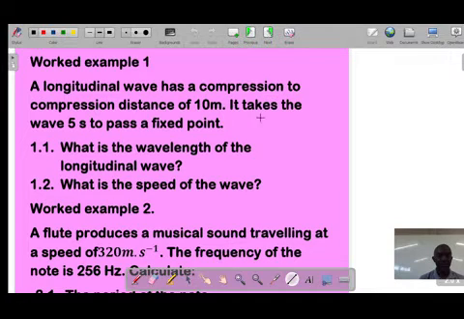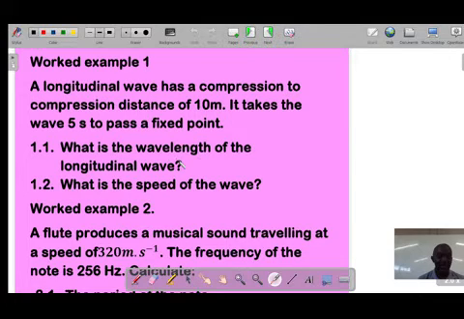We take example 1. They say that a longitudinal wave has a compression distance of 10 meters. It takes the wave 5 seconds to pass a fixed point.